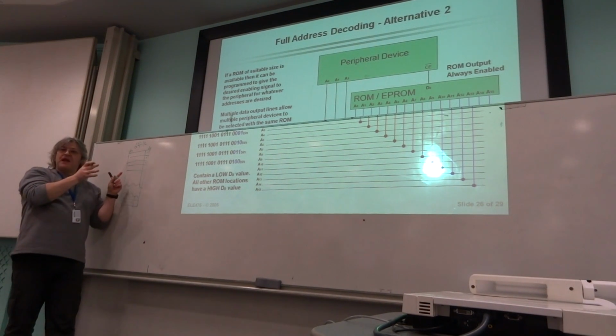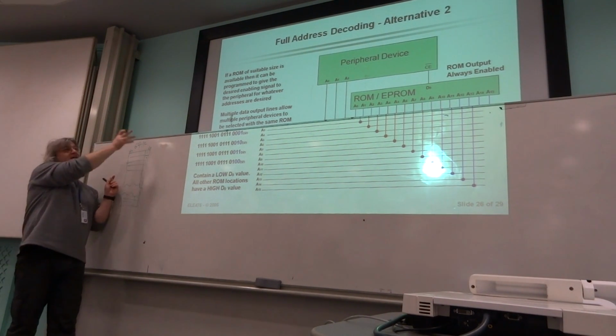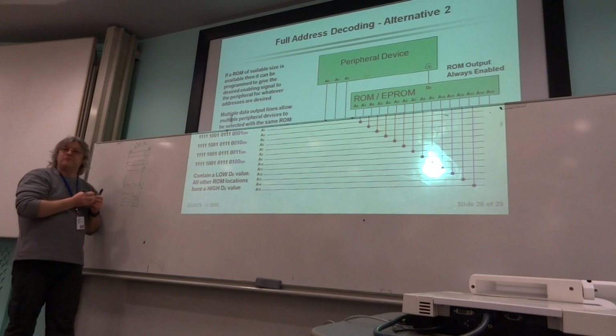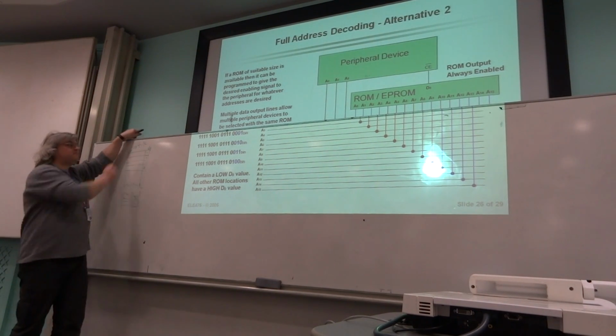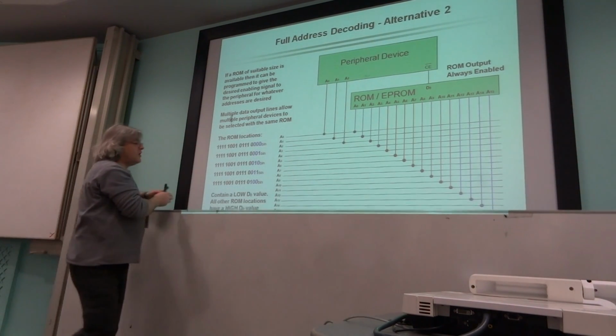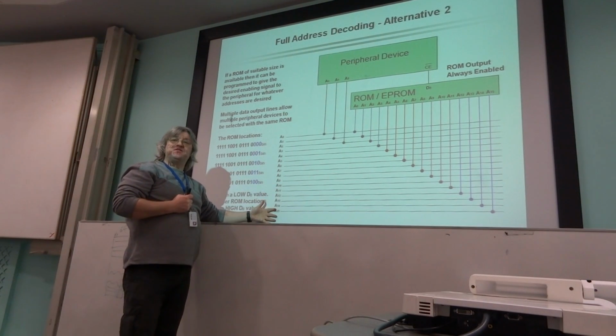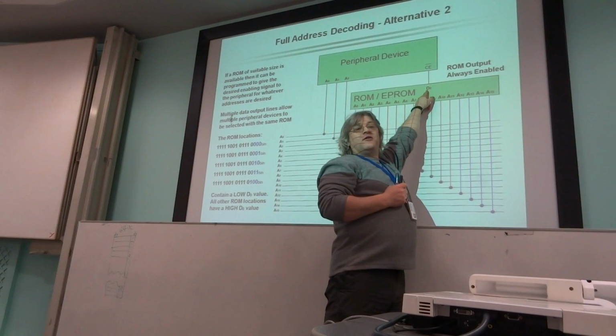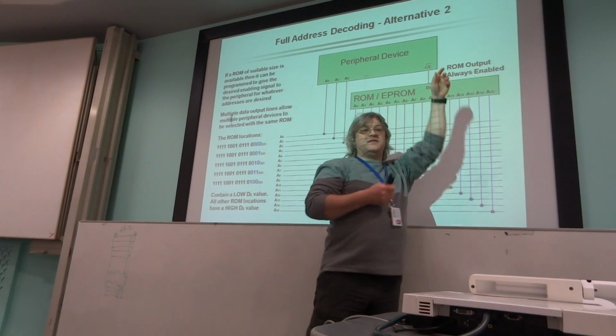But for the 5 combinations where we want this device to wake up, we've set those D0 values to be low, but only those 5 combinations. So only when those particular 5 combinations appear on the address bus, this EEPROM will make D0 go low, which will wake up that device.